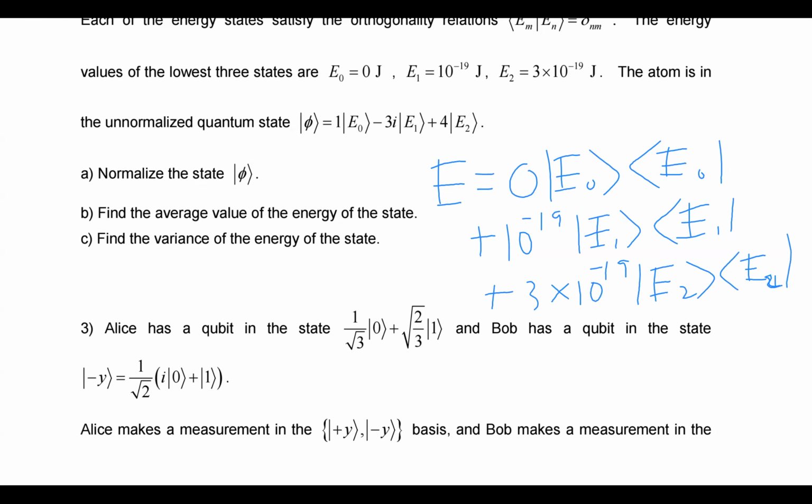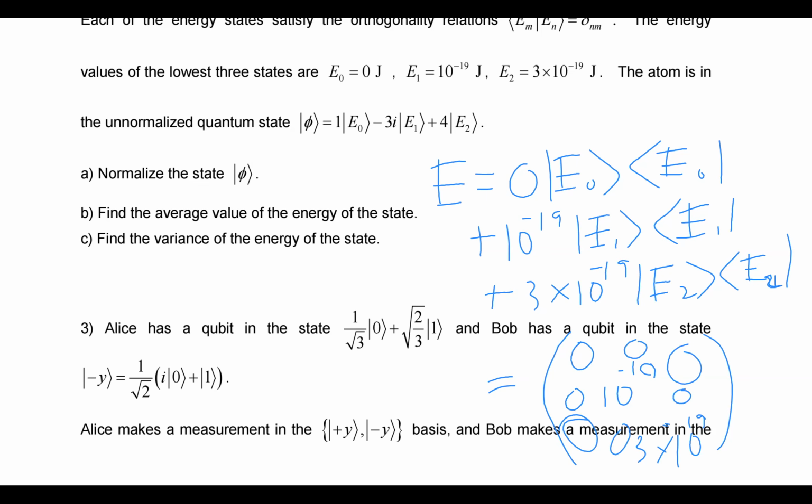You could write this as a matrix as well: 0, 10 to the minus 19, 3 times 10 to the minus 19, and all the other entries 0. Once you've constructed that matrix, you could calculate it using the usual formula. But I think that's actually a longer way to do it for this particular question, because you weren't given this observable operator in the first place.